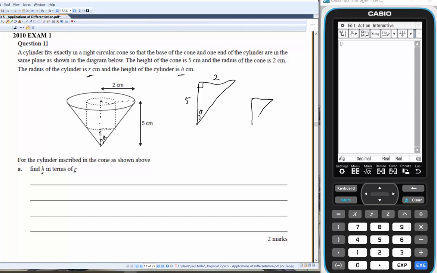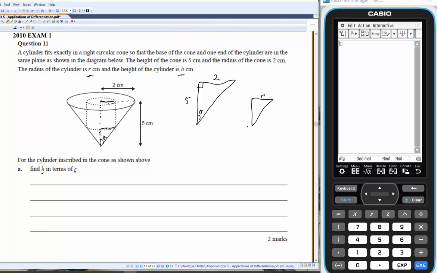Imagine a smaller triangle sitting on top of this cylinder, making up the distance from the top or the bottom of the cylinder, whichever way you want to imagine it, all the way down to the tip of the cone. Now, this distance here is the same as this here, that's the radius of the cylinder.